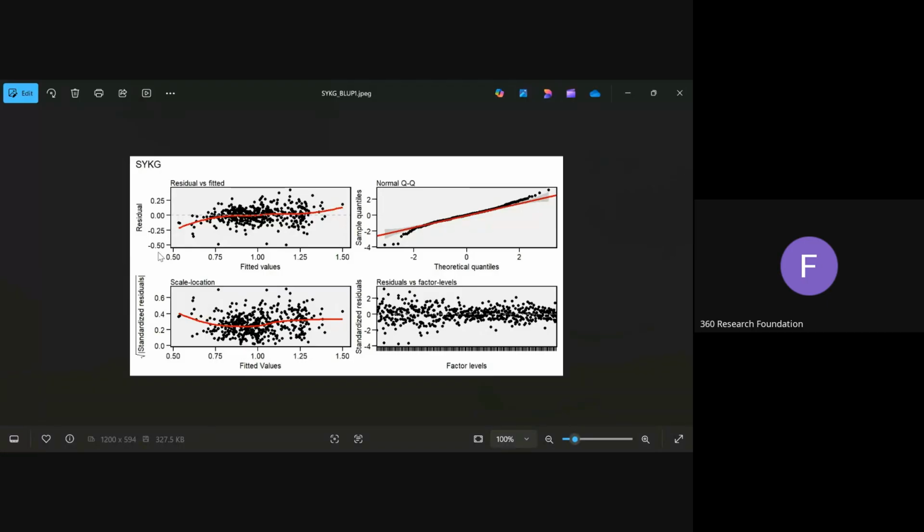If residuals are error, then the fitted value is the predicted value for that particular trait. So this first graph is error versus the predicted values.